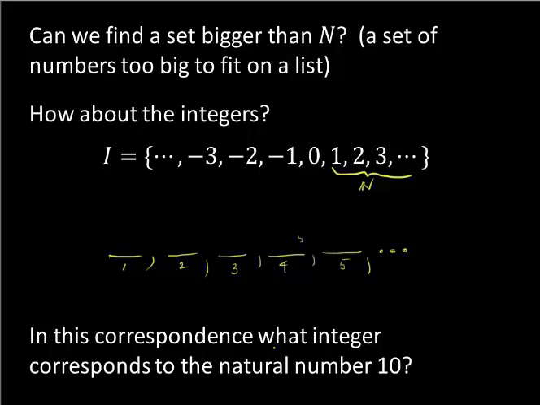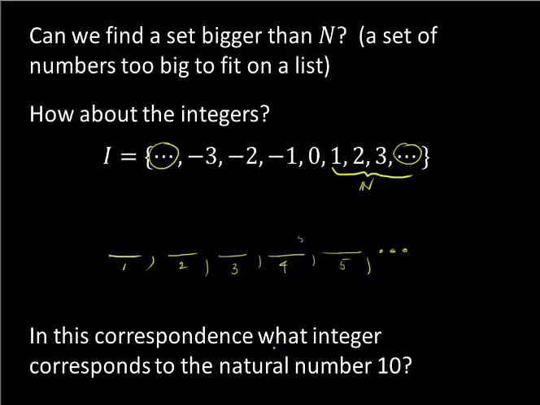Well, the way that I gave you the set here is not a list, because it goes infinitely in the left direction, in the negative direction, and infinitely in the positive. It has two sets of dot, dot, dots. So this is not in the form of a list, because there isn't a first, a second, a third. But could we put it into a different form where we get all of them?